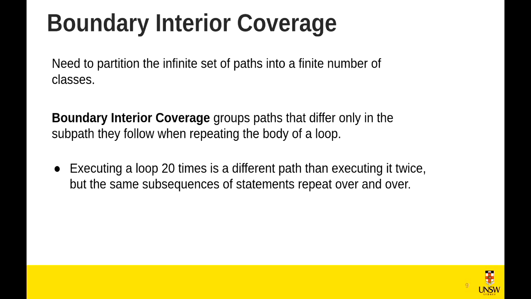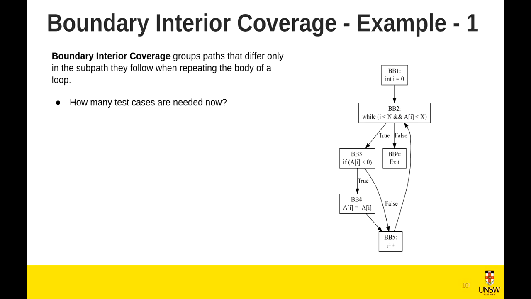Let's have a quick look at a concrete example to show you how it works. Remember, the definition is that we generate test cases to cover the subpaths of a loop. So we don't care about what's happening outside the loops.